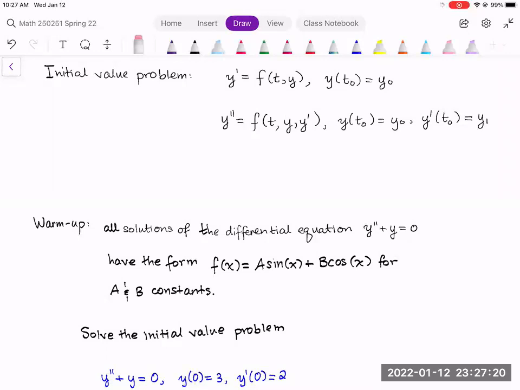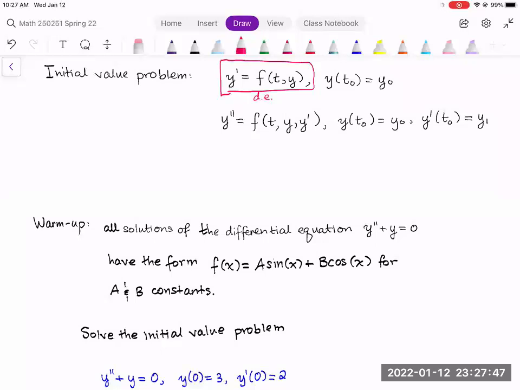We're going to begin today with a little bit more discussion of initial value problems. Last time we said that an initial value problem is going to have two pieces. One is going to be a differential equation. If we're looking at a first order, that means first derivative differential equation like this, this is our differential equation. That's our first part.